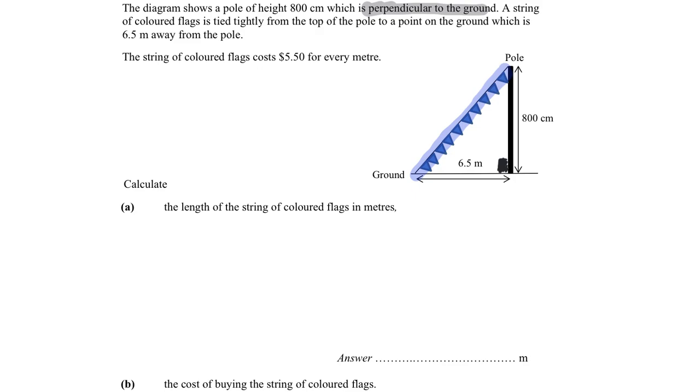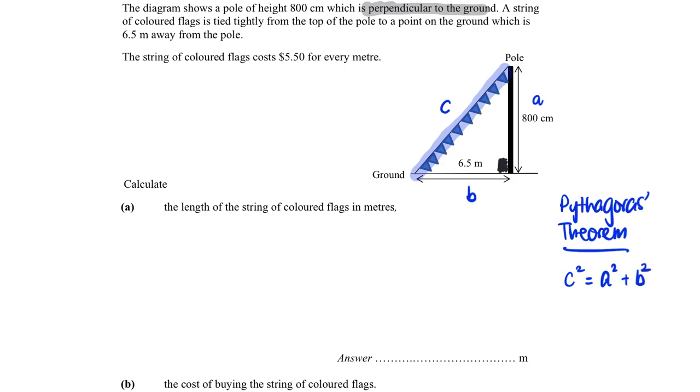Where if I have this as C and this as my A and this as my B, by Pythagoras theorem, my C square is equals to the sum of the square of the A and the B, meaning C square is equals to A square plus B square. And so we could then find this length since the length is denoted by C.